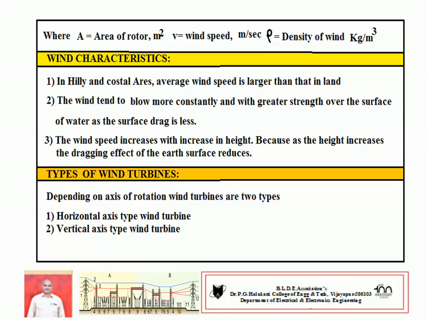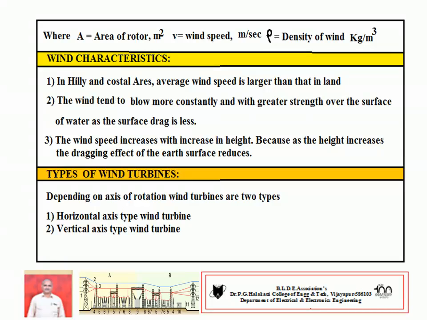Hence, we have to erect wind power plants on the sea surface also. Then wind speed increases with increase in height, because as the height increases, the dragging effect of earth reduces. That's why wind turbines are located at a certain height from the ground level.